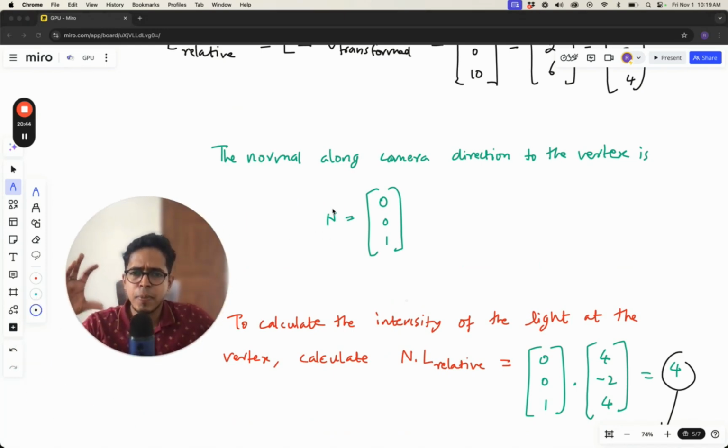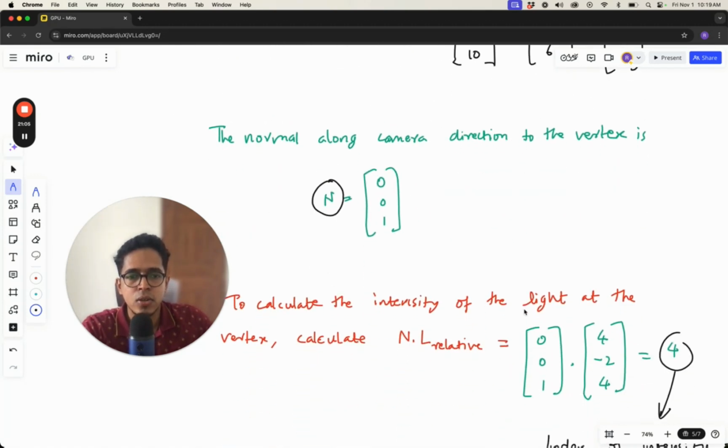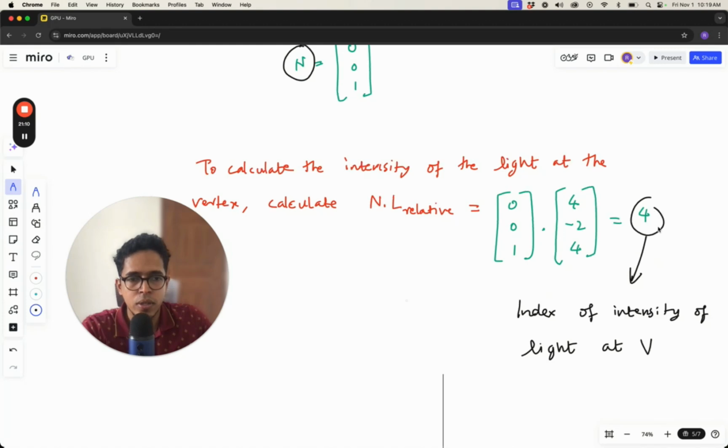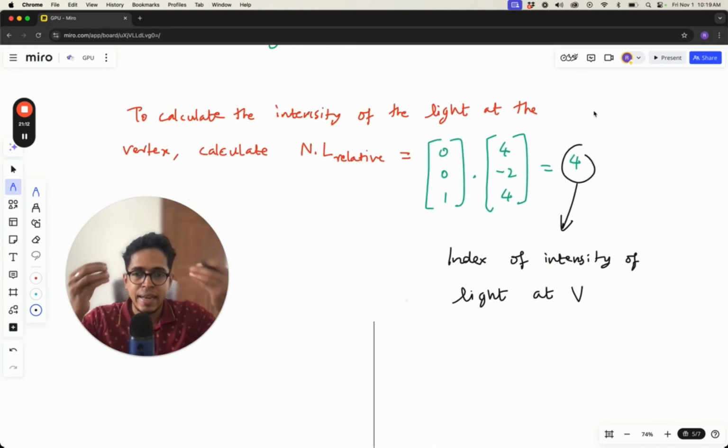I understand that this part is probably not as easy to imagine, but just follow with me, because it's not important how exactly the illumination of the vertex is calculated. What is more important for you to appreciate is that it's all ultimately matrix multiplication. So here you take the dot product of n with L minus V. So it will be 0, 0, 1 dot product with 4, -2, 4. And the dot product is 4. So now this 4 is like an index of the intensity of light at the vertex V.